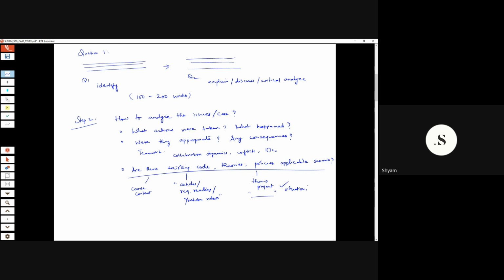So it's always sufficient to base your answer on the course content itself, and to a certain extent from the required reading that is part of the course content. So how do you identify what actions were taken? Say if it's from conflict management, you apply the Thomas Kilmann instrument model to identify if the action taken was competing in nature, or is it avoiding.